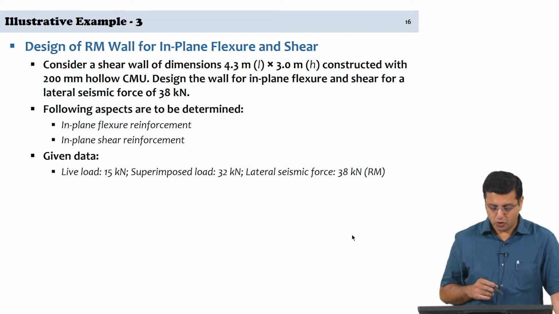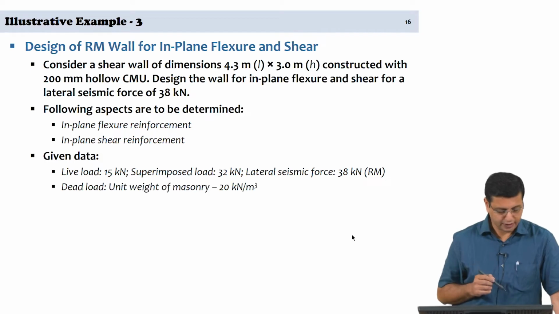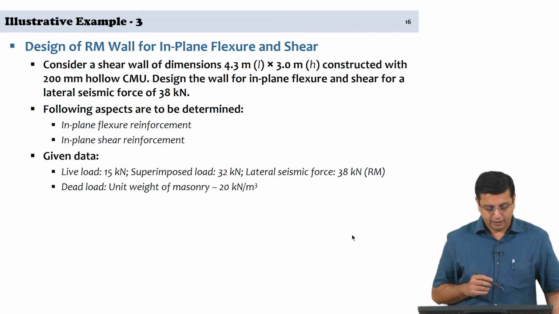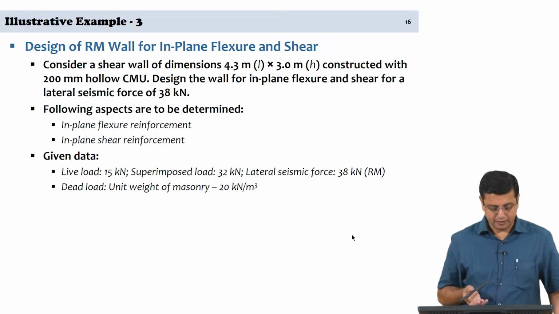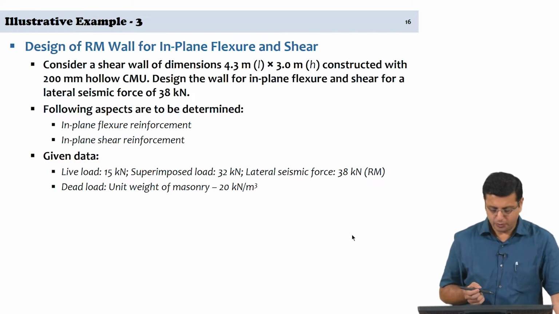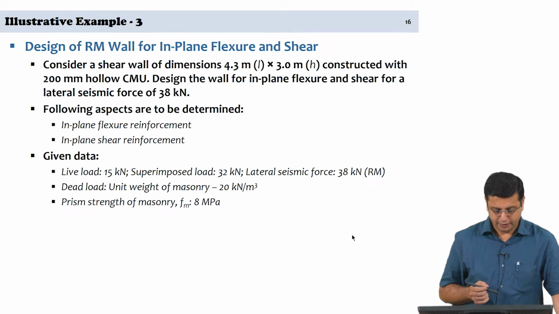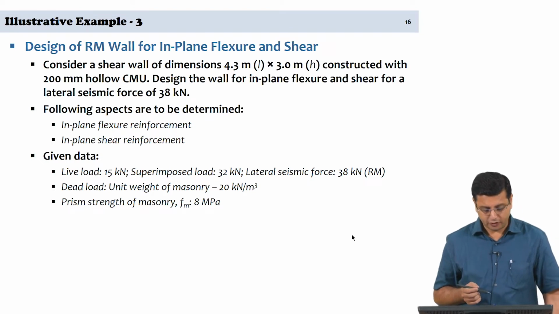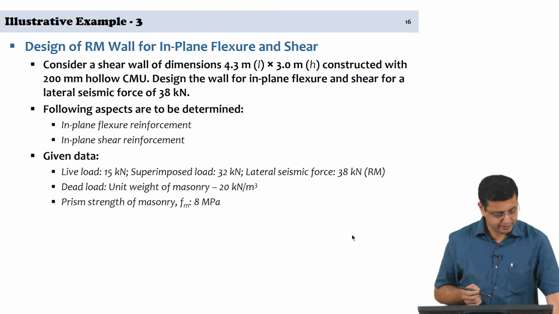A superimposed load of 32 kilonewtons also acts on the wall, and the lateral seismic force corresponding to the reinforced masonry typology will work out to 38 kilonewtons in this wall. To estimate the dead load due to the self weight, the unit weight of masonry can be considered to be 20 kilonewton per meter cube, and the prism strength of masonry is 8 megapascals.